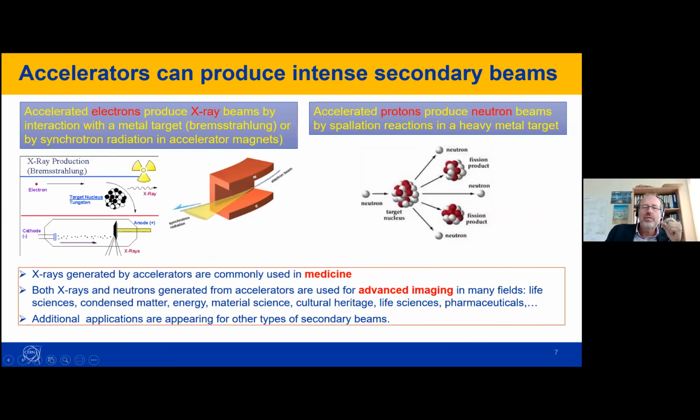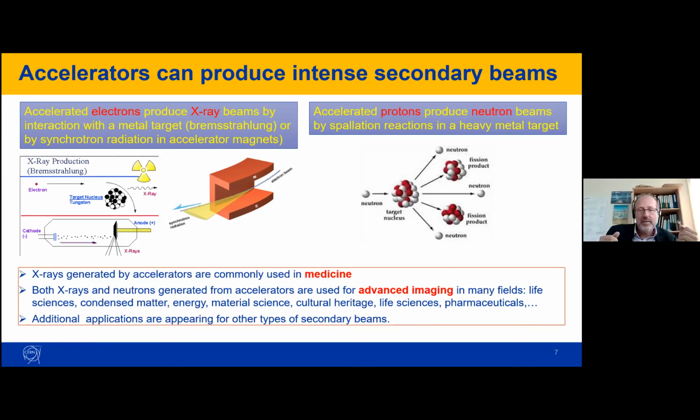Something that is also very important for you to understand at this stage is that this energy in a particle beam can also be used to generate new particles and produce secondary beams. The most typical secondary beam is a beam of photons, X-rays. You can produce huge amounts of X-rays by sending electrons onto a target, onto some piece of metal, or bending the electrons.